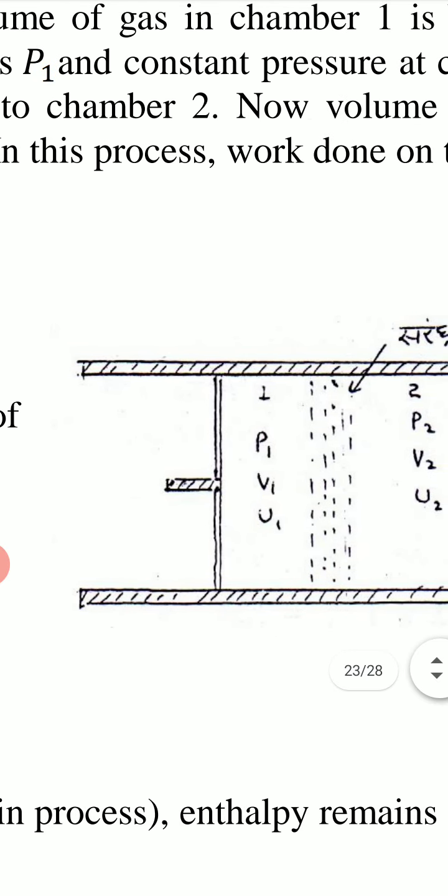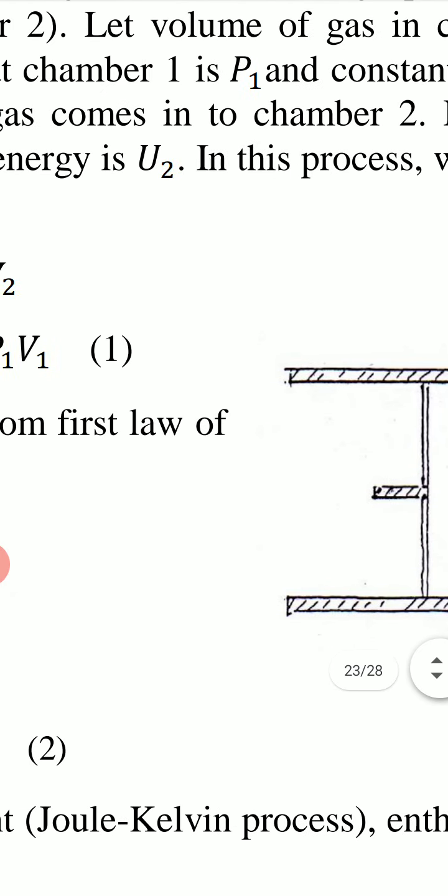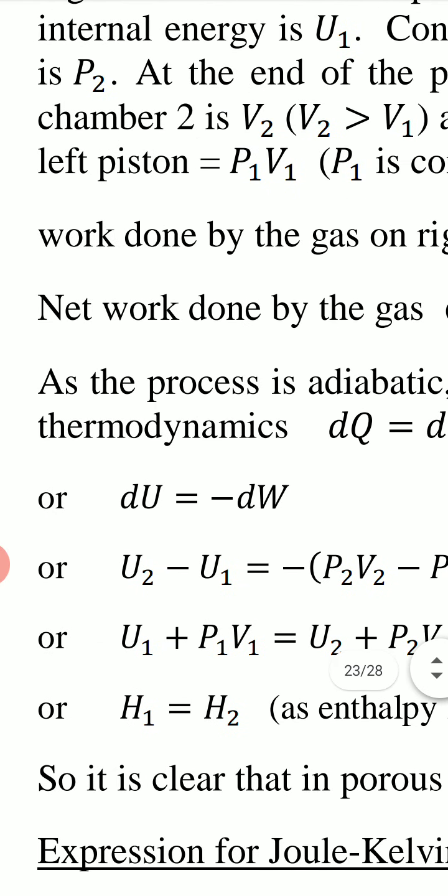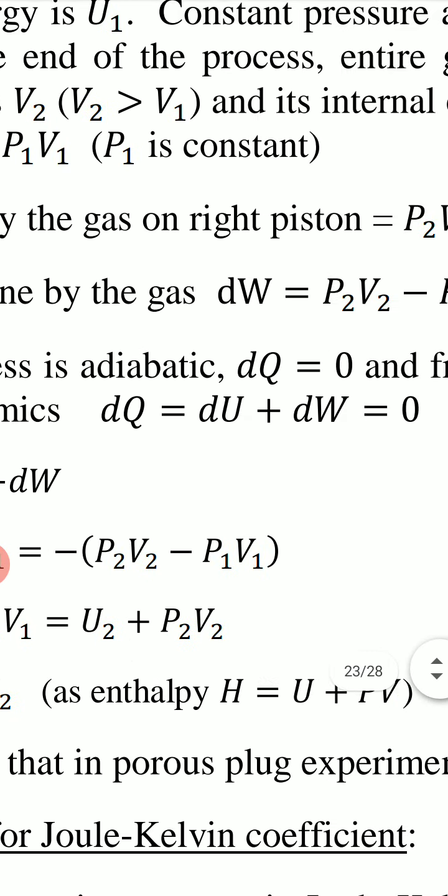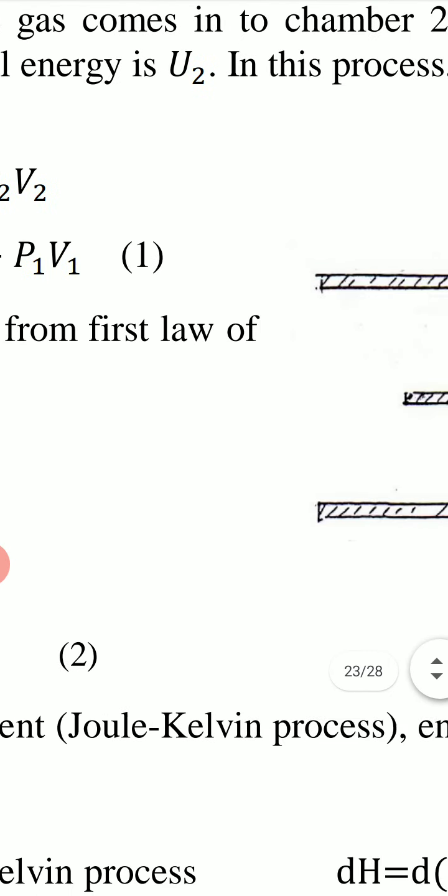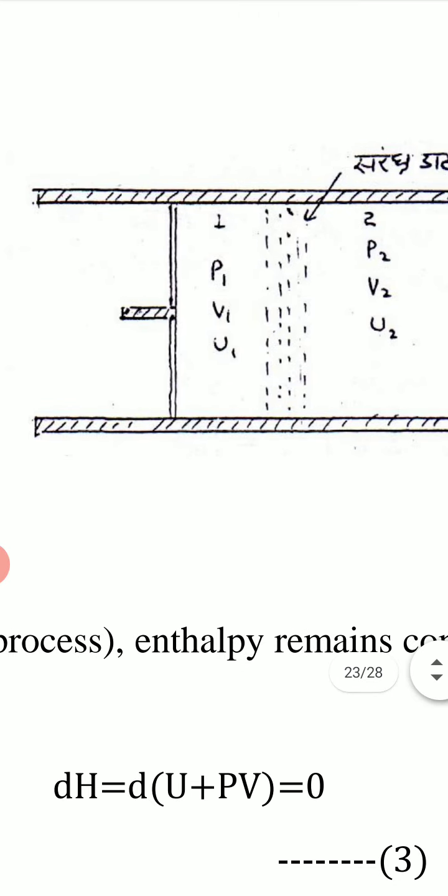In this process, work done on the gas by left piston will be equal to P1 V1. P1 is constant. Constant pressure P1 is applied to gas at chamber 1 and its volume becomes 0 from V1.